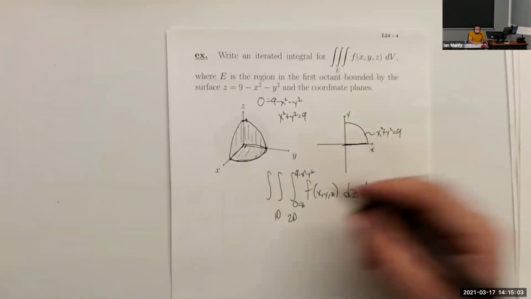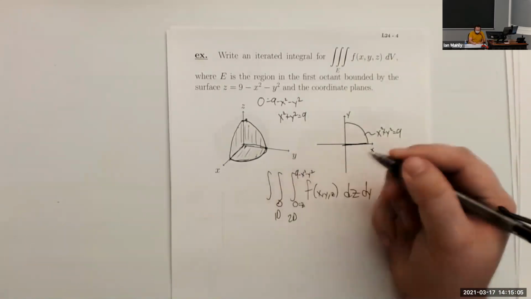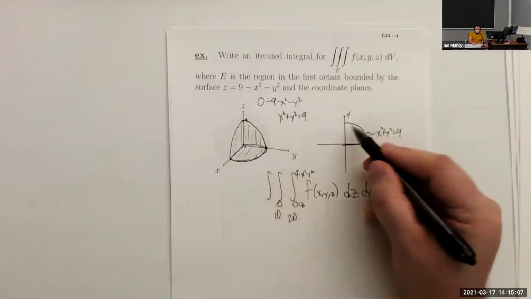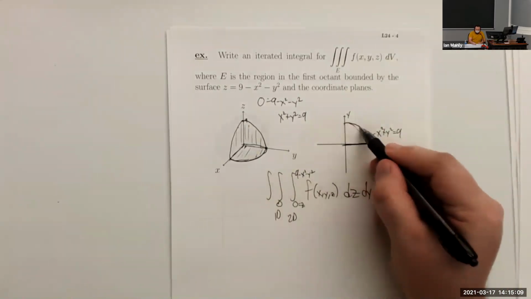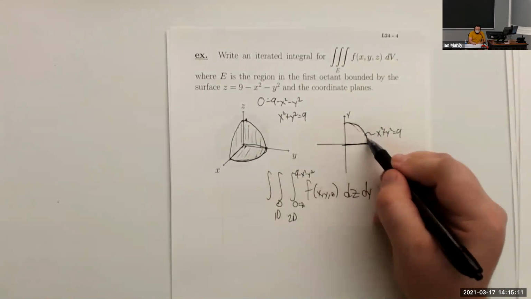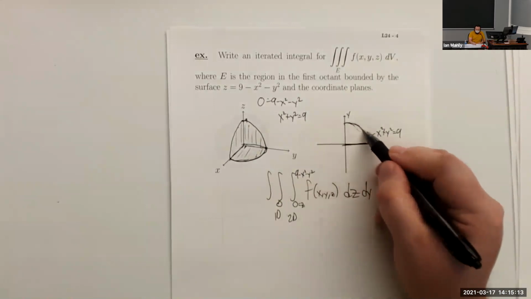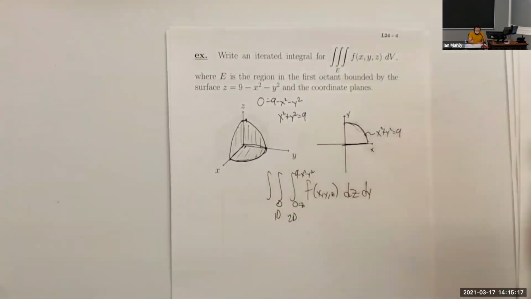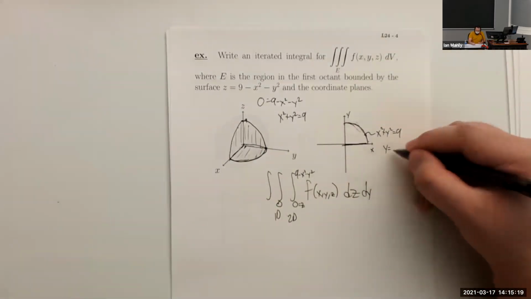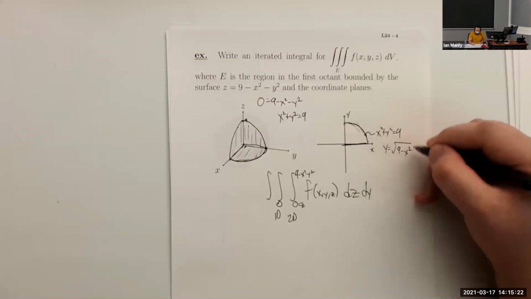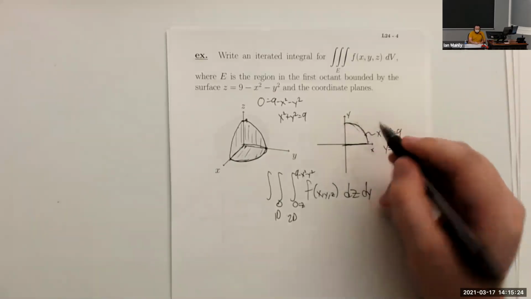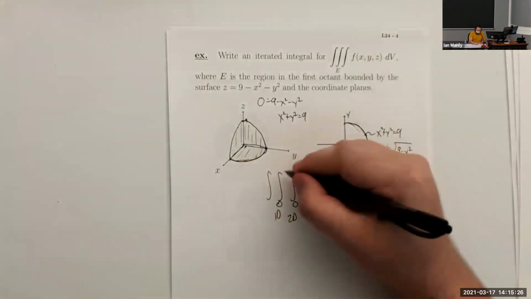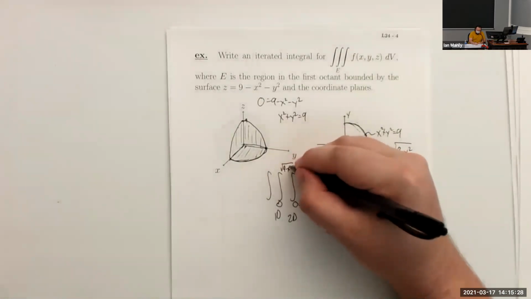That's a constant line here. Okay. And then what's our upper curve for y? What's the equation of this with y? Square root of 9 minus x squared. Absolutely right. So if we solve this for y, we have root 9 minus x squared, and we pick the positive one because we're in the first octant here. So this is the square root of 9 minus x squared.